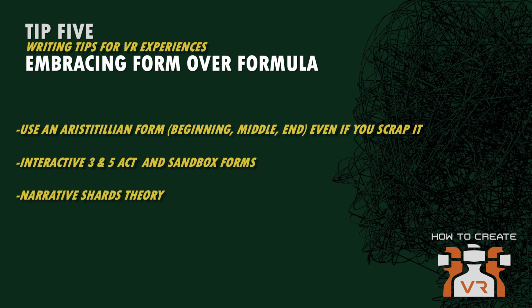Both of those structures basically suggest that at the end of each act, or three times during a beginning, middle, end experience, or potentially even five times, the participant has a major bit of agency or interaction that they are able to affect the story with. If the participant can affect every aspect of the story completely, it quickly becomes a sandbox experience, and that's fine. Those are fun. Those are wonderful. But they really take us out of the realm of a narrative experience.